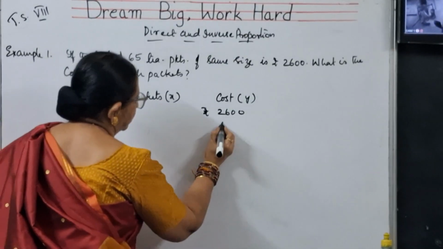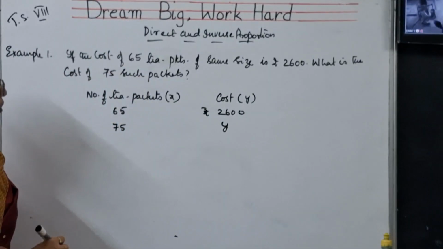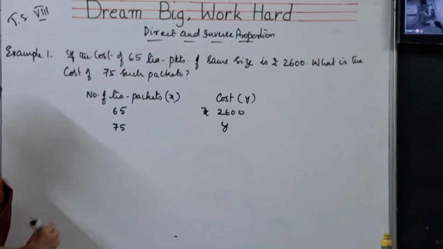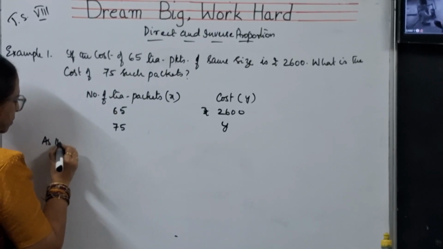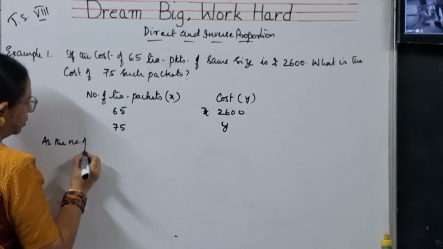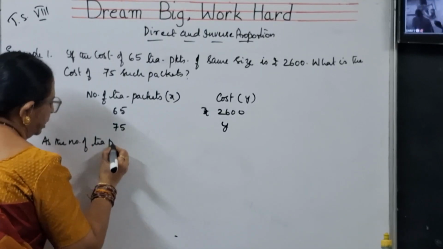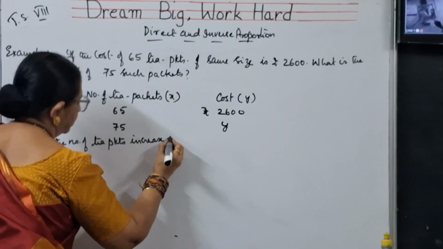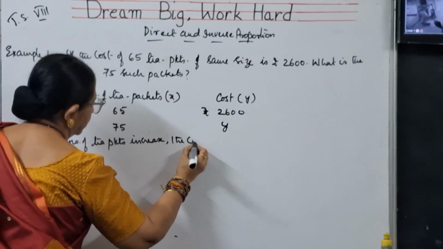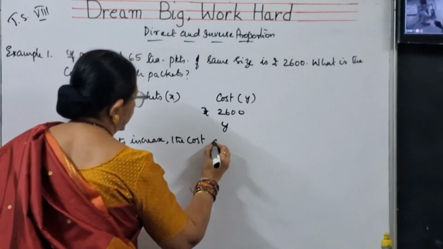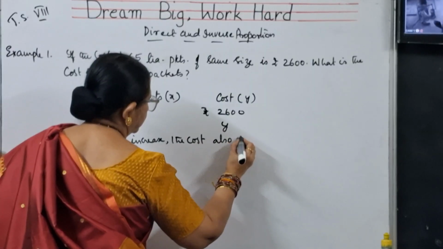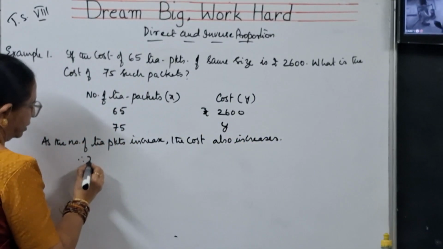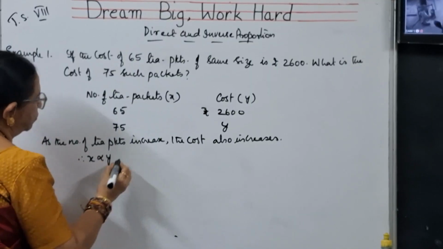75 will cost y. So we know that since the tea packets' size is the same, as the number of tea packets increases, the cost also increases. That means x is directly proportional to y.